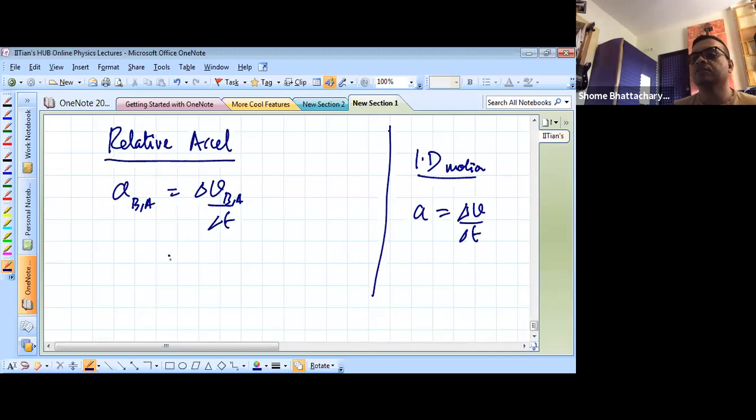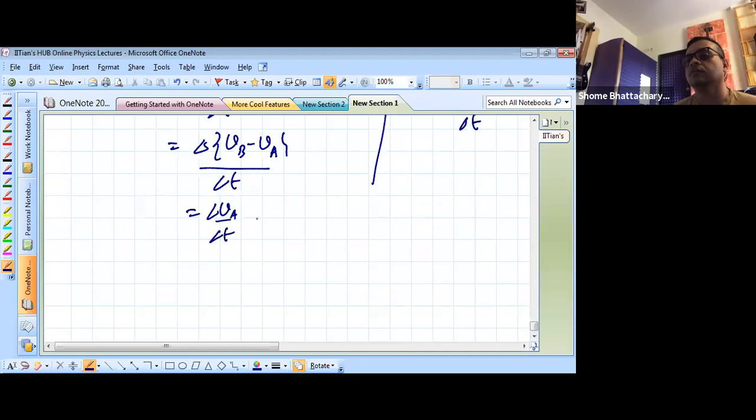Okay. So that becomes delta of VB minus VA, because that's what relative velocity was, divided by time. So that is delta VB by delta T minus delta VA by delta T, which is the absolute acceleration of B. This one is A. So this is the absolute acceleration of B in the ground frame minus the absolute acceleration of A in the ground frame.